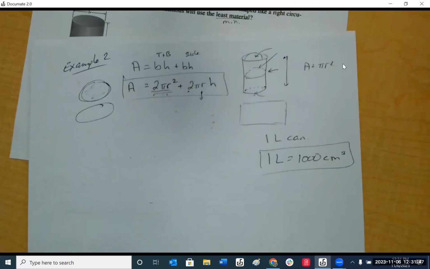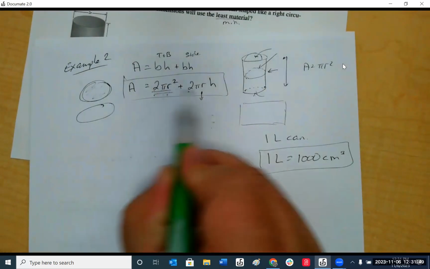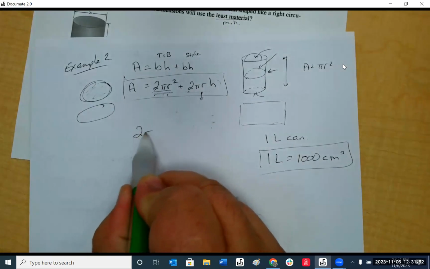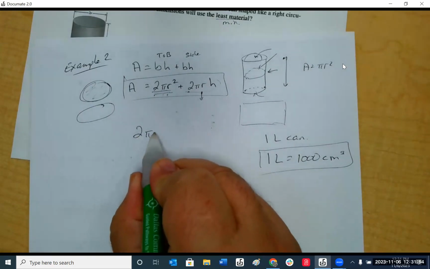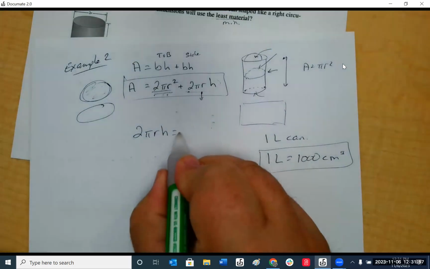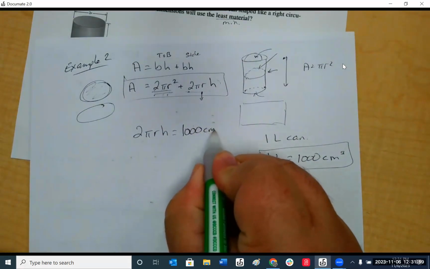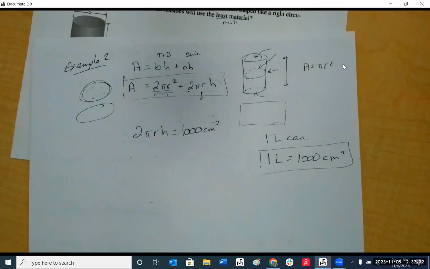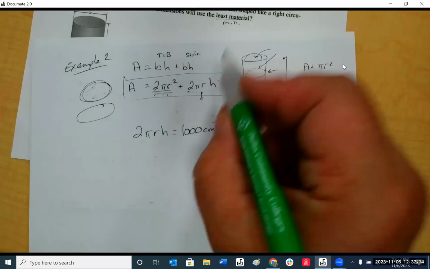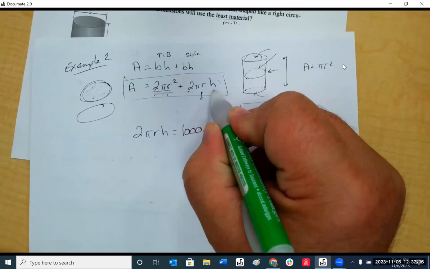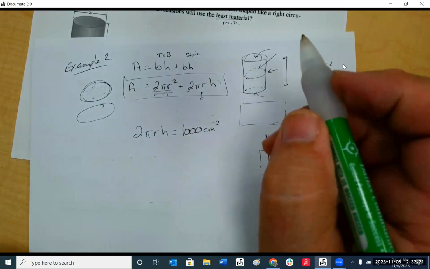So this is the top and bottom. So this equation, 2 pi r h has got to be equal to 1,000 cubic centimeters. Pi r h.